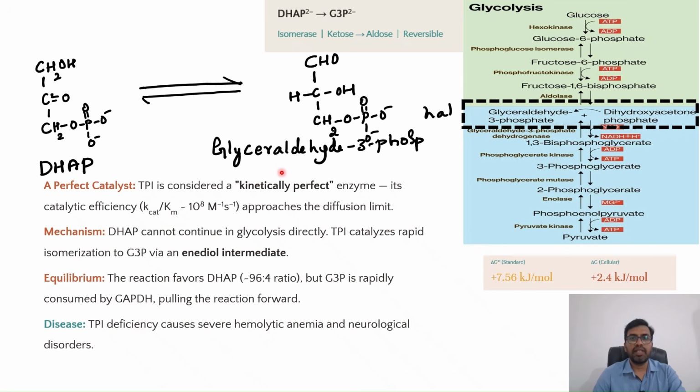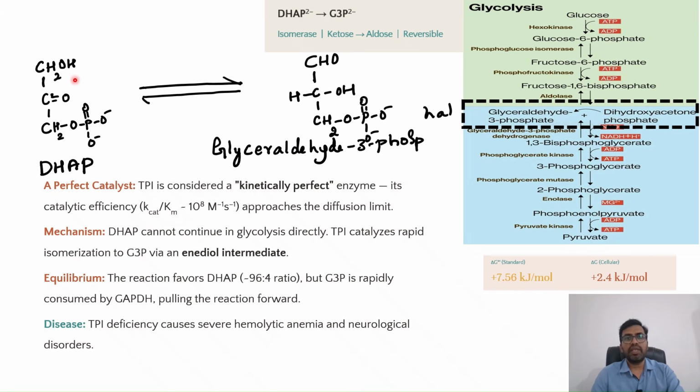Dihydroxyacetone phosphate and glyceraldehyde 3-phosphate are formed in the previous reaction by the breakage of fructose 1,6-bisphosphate. Out of these two components, glyceraldehyde 3-phosphate can directly enter into the further glycolytic reactions. However, dihydroxyacetone phosphate cannot. To overcome this, we have this particular reaction where dihydroxyacetone phosphate gets converted into glyceraldehyde 3-phosphate.